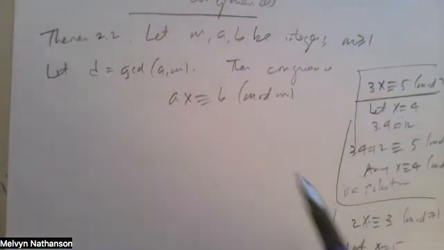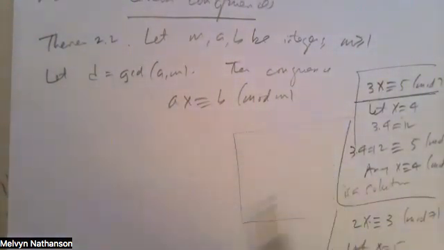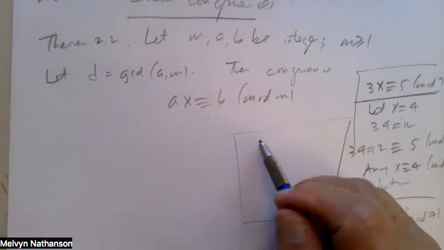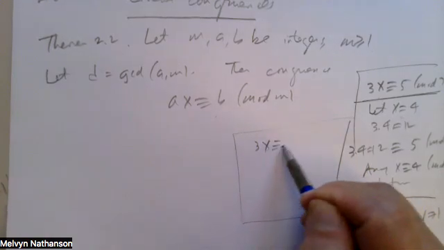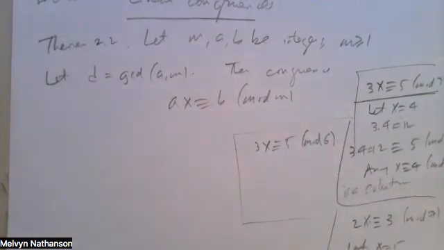And maybe I'll do another example that doesn't have a solution. Suppose I want to solve 3x congruent to 5 mod 6.